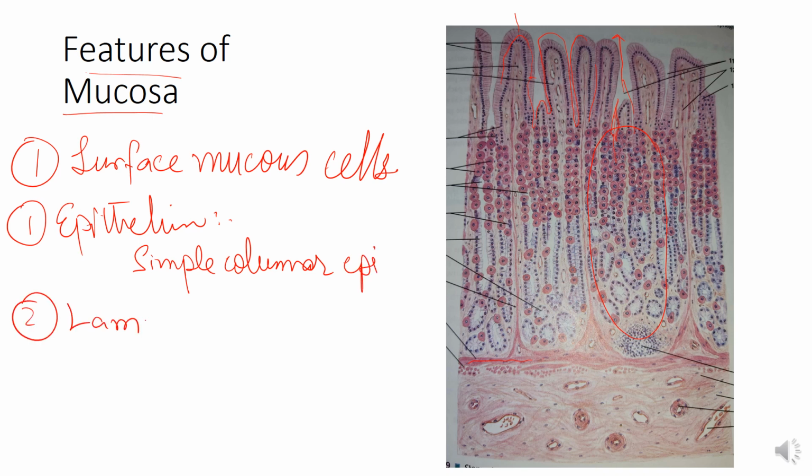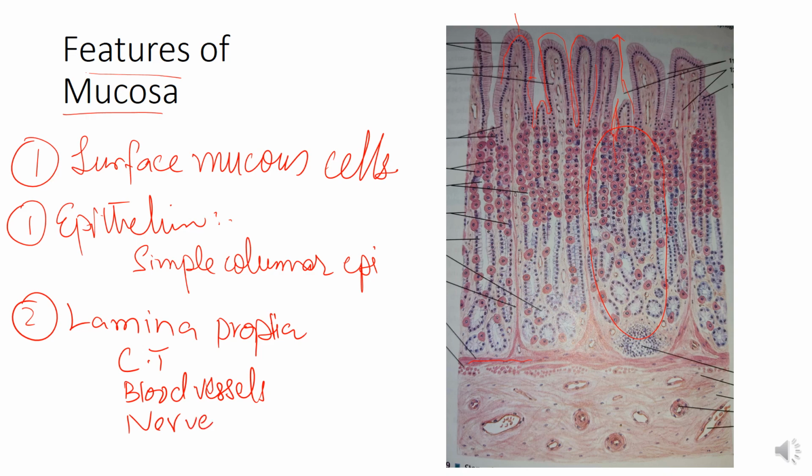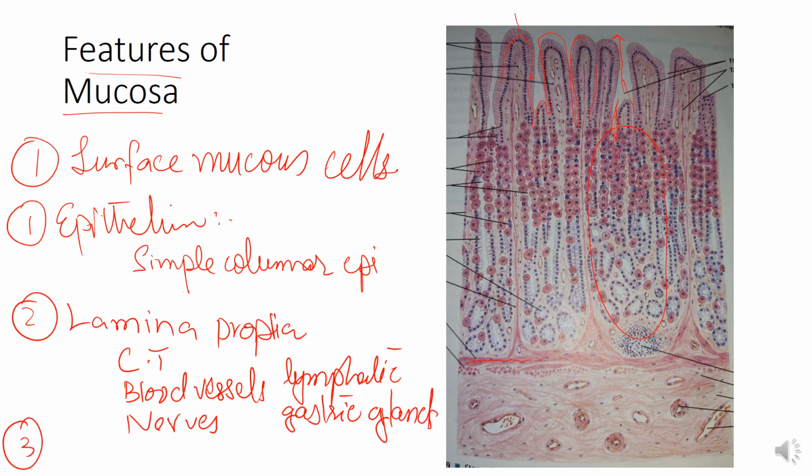Secondly, lamina propria, which contains connective tissue, blood vessels, nerves, lymphatics, and most important, the gastric glands. And third layer of the mucosa is the muscularis mucosae.